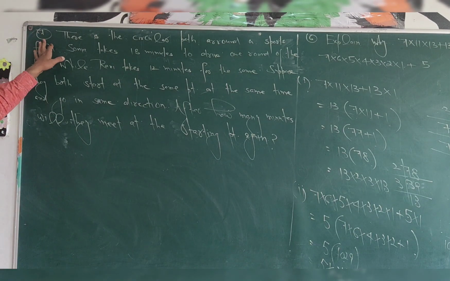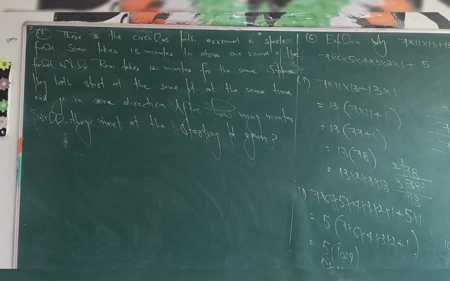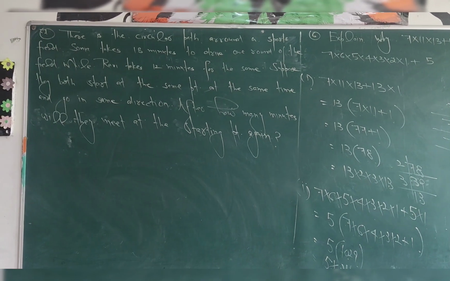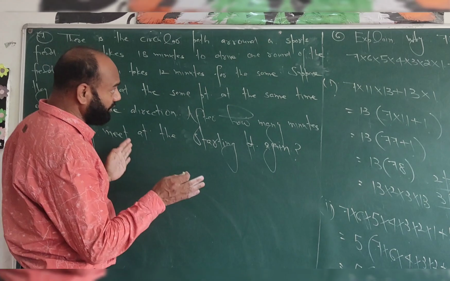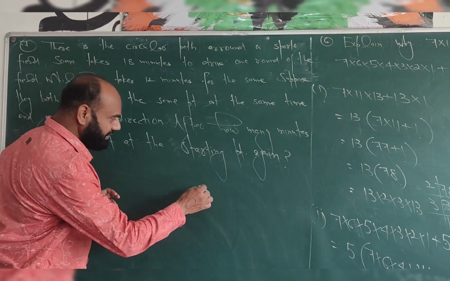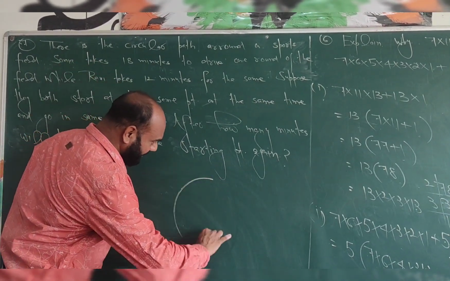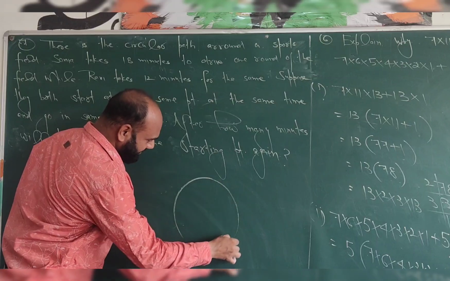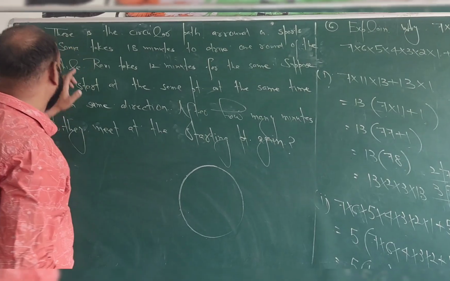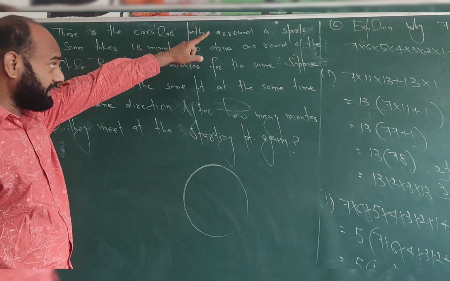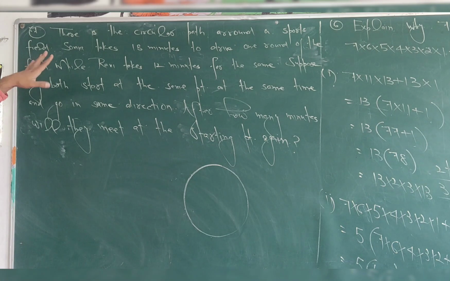So the next question is: there is a circular path around a sports field. In the sports field there is a circular path. Okay, suppose this is a circular path. Sonia takes 18 minutes to drive one round of the field.